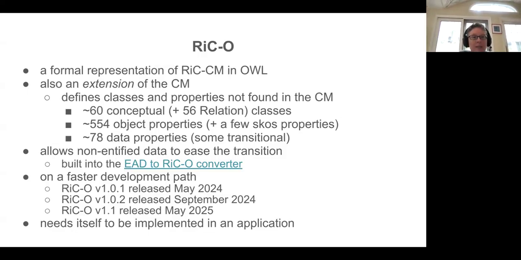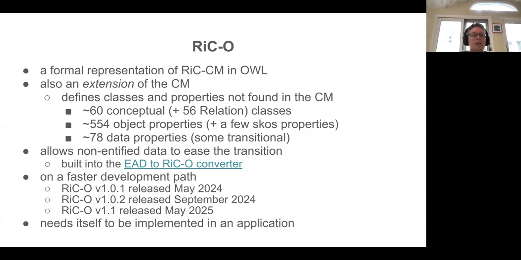It defines classes and properties that are not found in the CM. So there's about 60 conceptual classes, and I kind of did a quick and dirty counting here. I might be off by one or two, but in that order of magnitude, plus 56 relation classes. Then over 550 object properties.